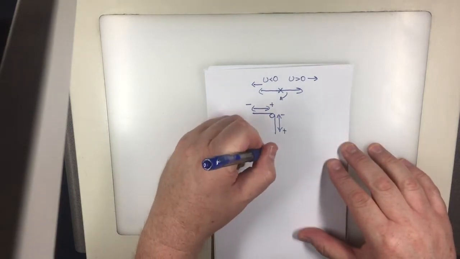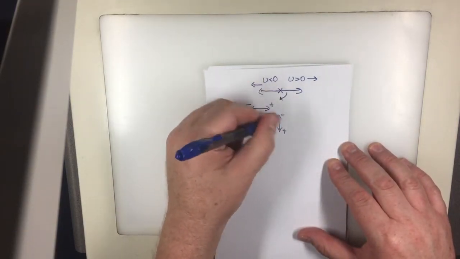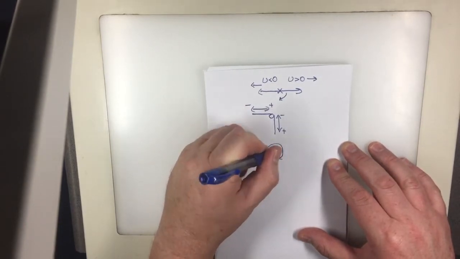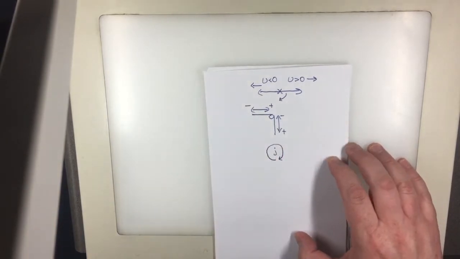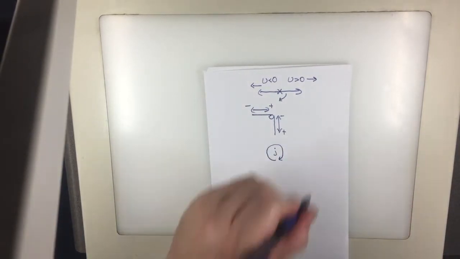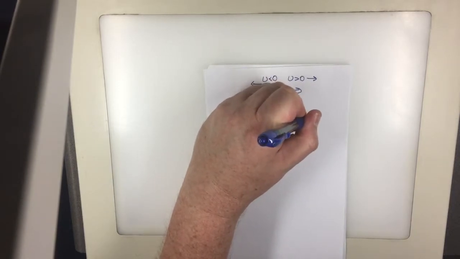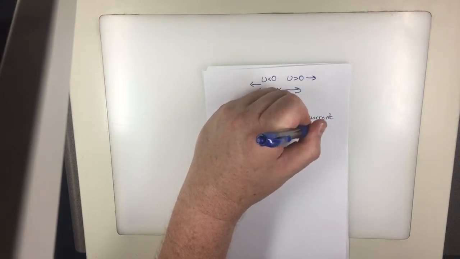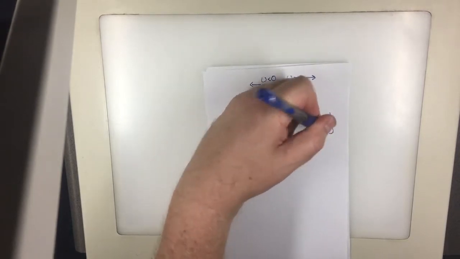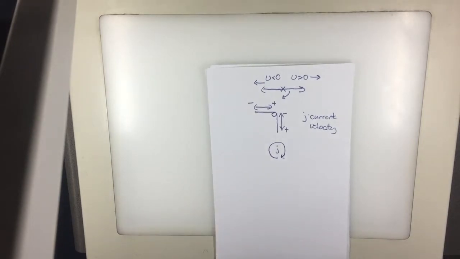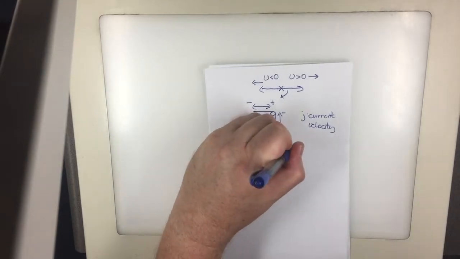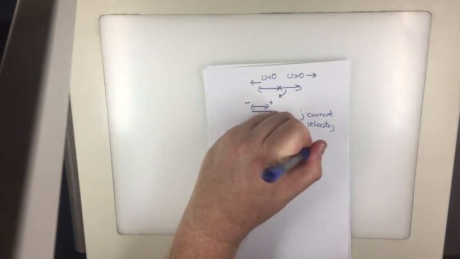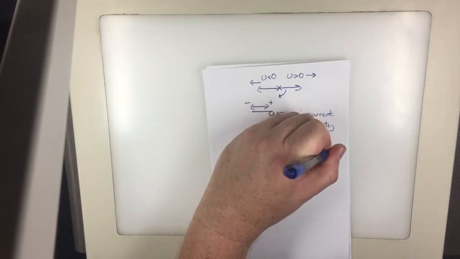What we're doing now is taking this line and completing the transition, and I'm going to call that J. And J is my word for current velocity. Now, technically, it's not correct, but it gets the job done. So if J is greater than 0, I is clockwise.